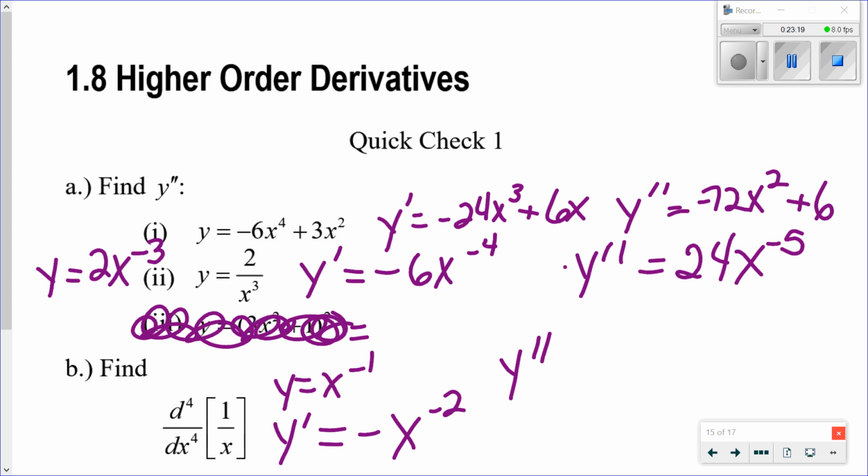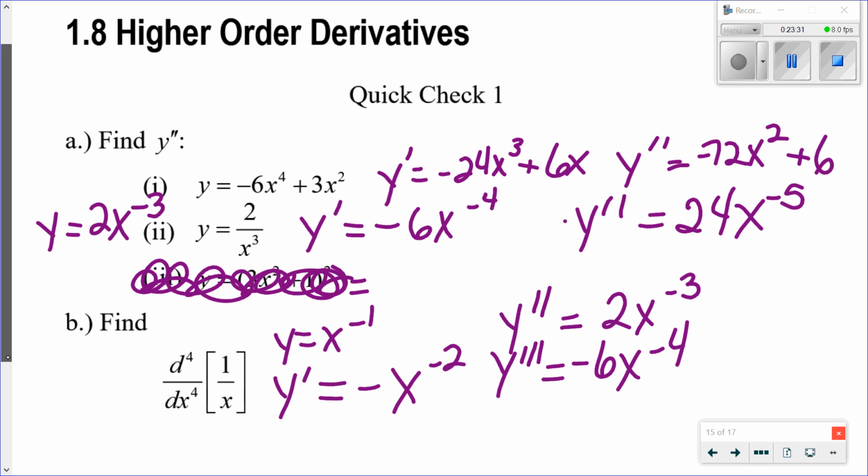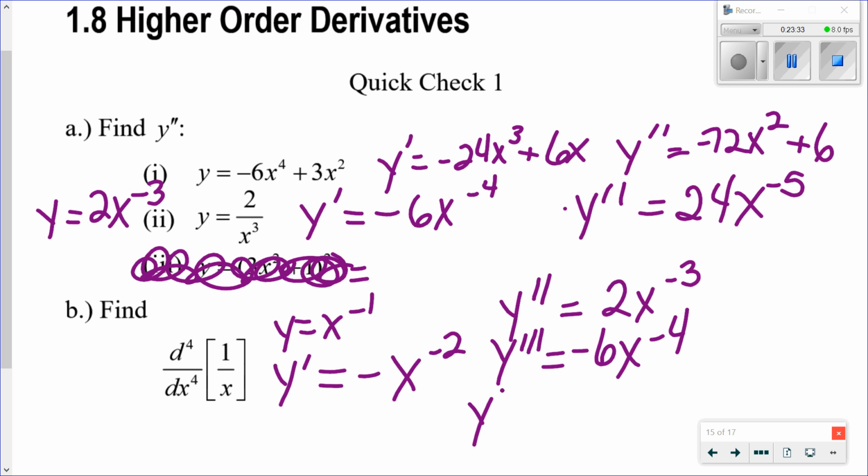Y double prime is 2x to the negative 3. Y triple prime is negative 6x to the negative 4. And y to the fourth is 24x to the negative 5th. Okay, so that is how those work.